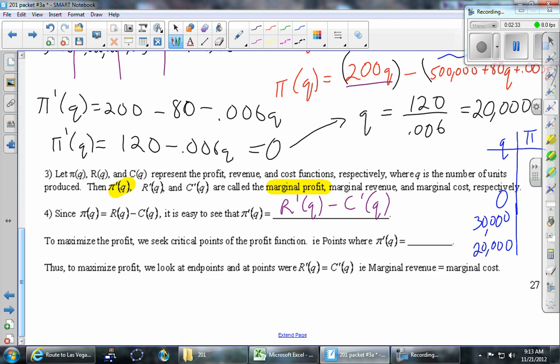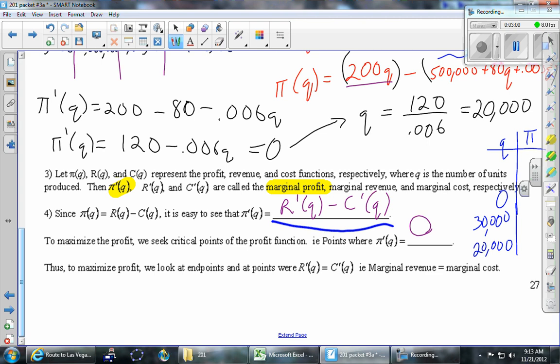What's the magic number for a critical point? 0. So we're looking for places where pi prime is equal to 0. But pi prime is this thing that I've written here in purple. If I want this thing right here to be 0, what must be true about r prime and c prime?